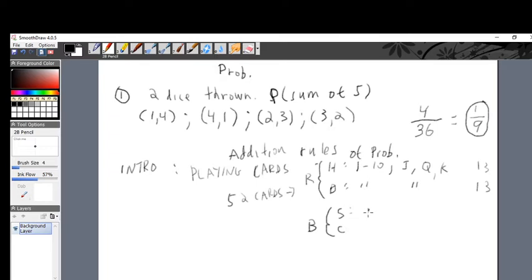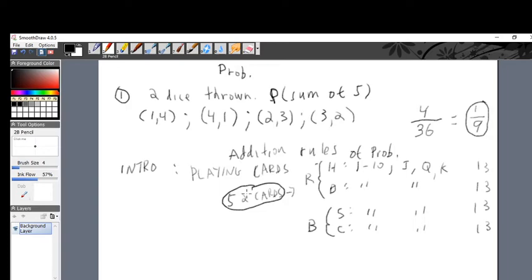And it's the exact same thing: 1 to 10, 3 face cards, jack, queen, and king. And with clubs, exact same thing: 1 to 10, and jack, queen, and king. And there's a 13 and 13. 4 times 13 is the total of 52 cards. So now if you have a problem that involves cards, you know exactly how cards work.